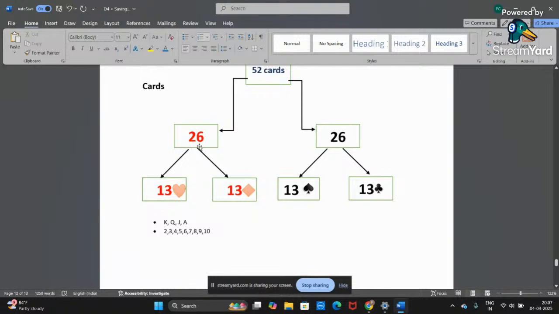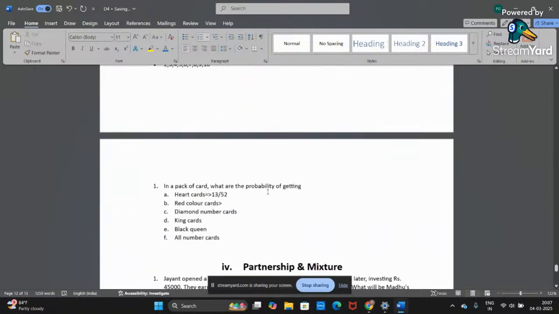How many are there? 26 out of 52. This you can simplify, right? Further simplifying this, we'll get 1 by 2. 1 by 2 is your probability of getting red color cards. And 13 by 52 is your probability of getting heart cards.